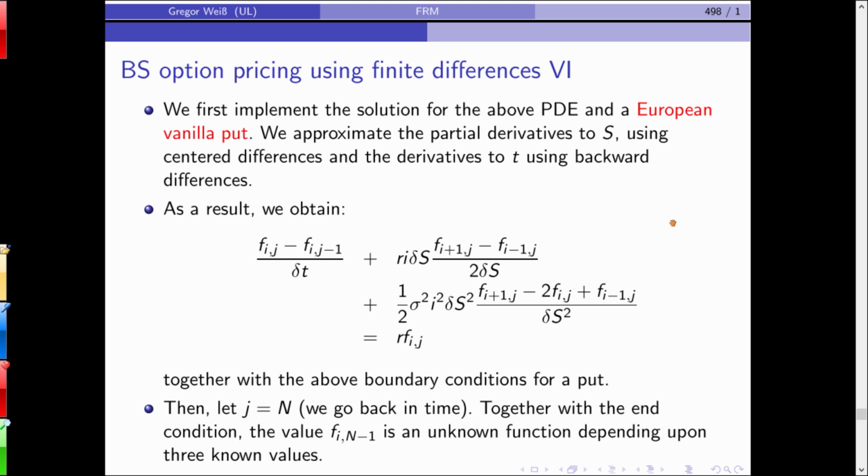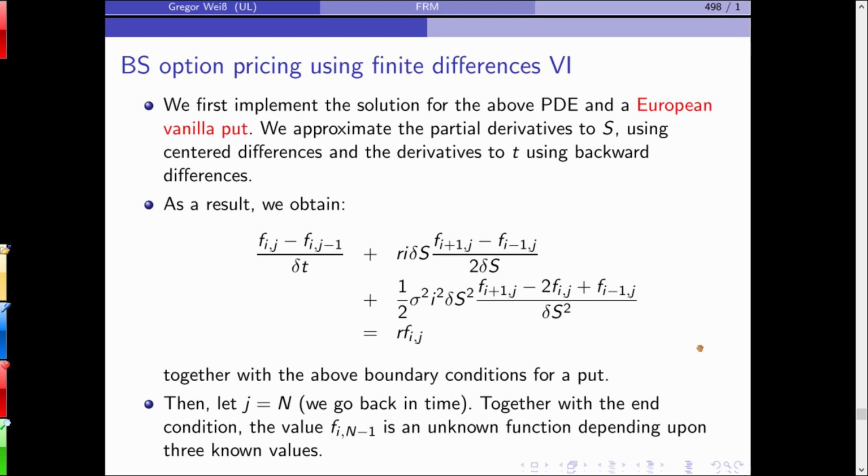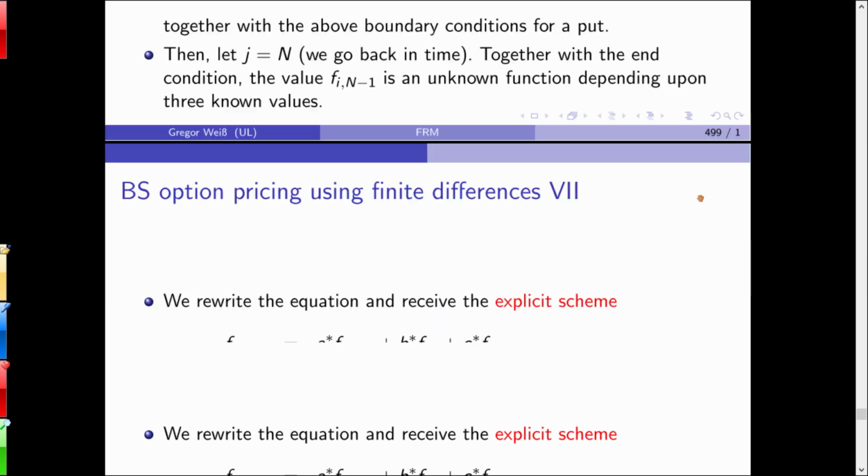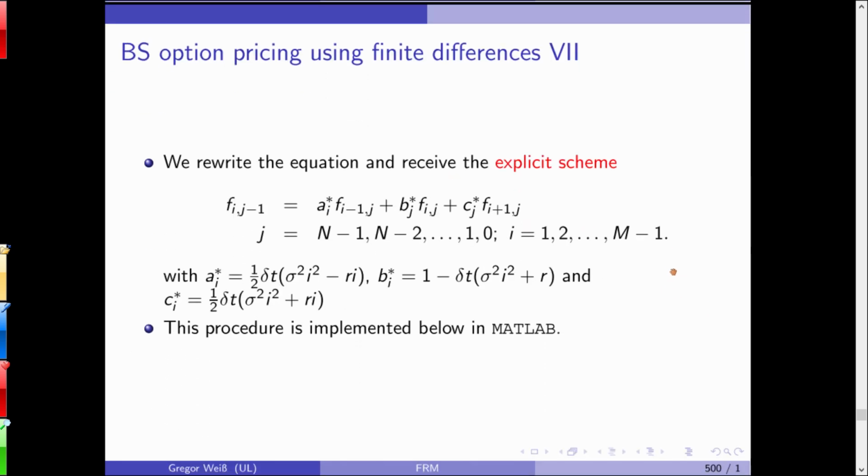The value F_i,n-1 is an unknown function depending upon 3 known values. And then you have to calculate a lot. And we get an explicit scheme, that is F_i,j-1 is equal to a_i times F_i-1,j plus b_j times F_ij plus c_j times F_i+1,j.